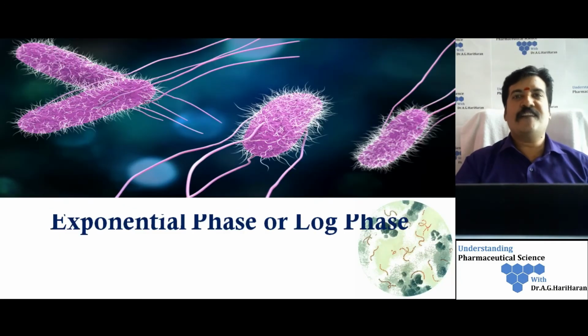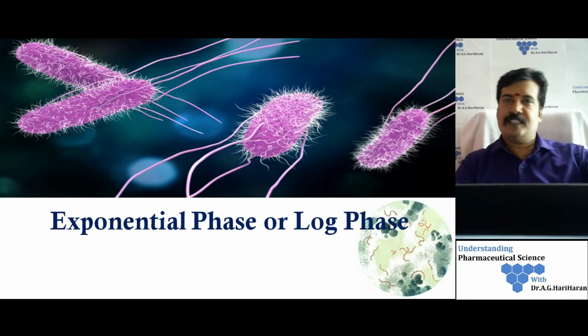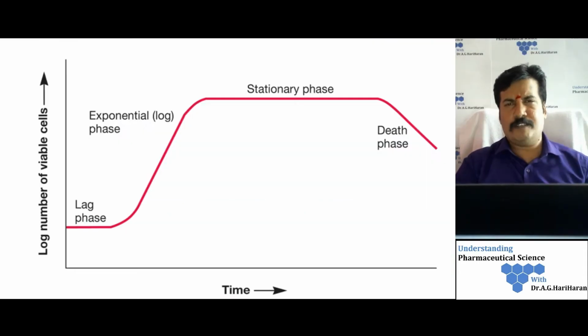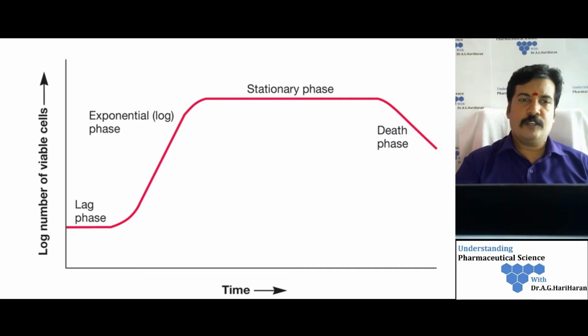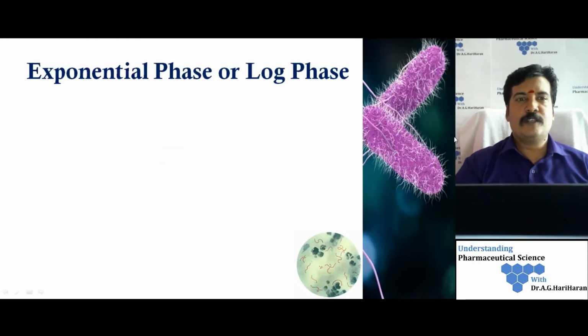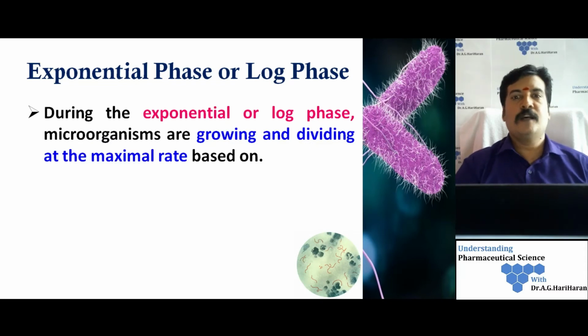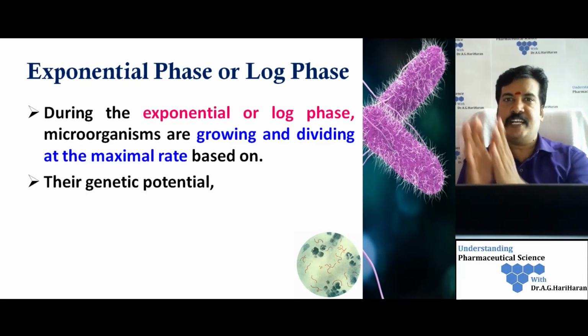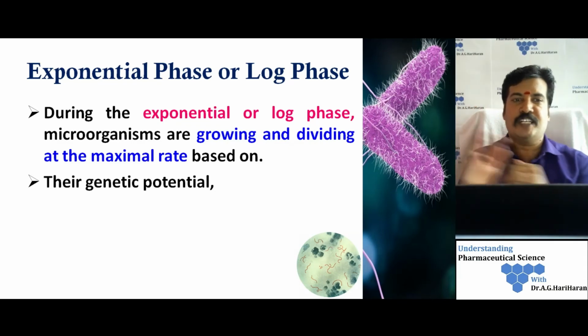So the second phase is the exponential phase, otherwise we can call it the log phase because it produces logarithmic growth of the bacteria, or we can call it the growth phase. You can see a single straight line which shows the exponential phase in this diagram. The exponential phase or log phase is where growth is present and the cells divide at their maximum potential.